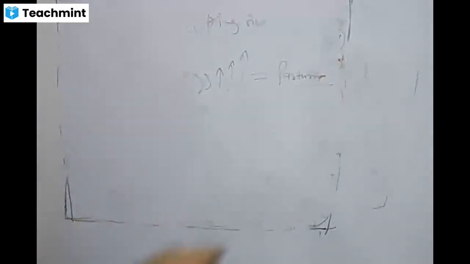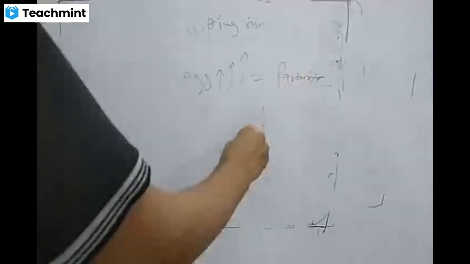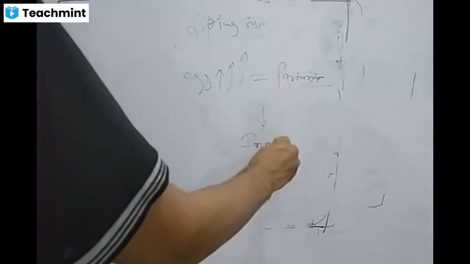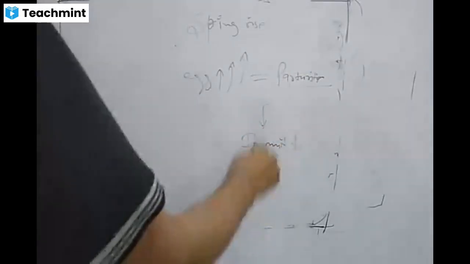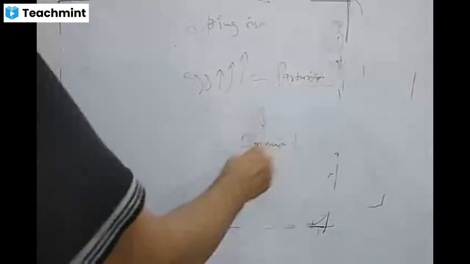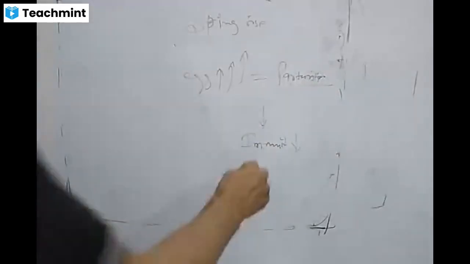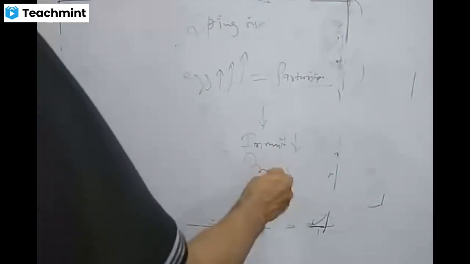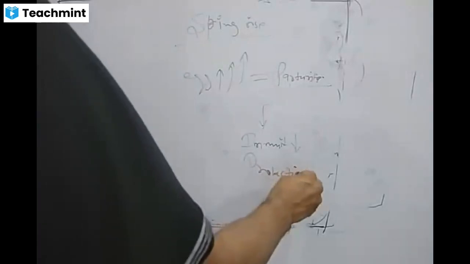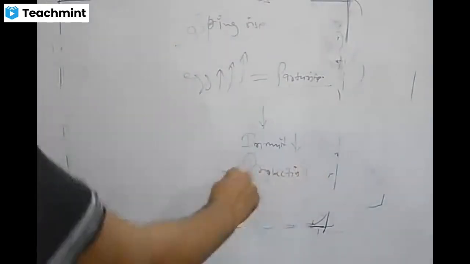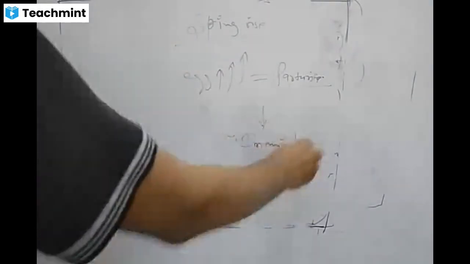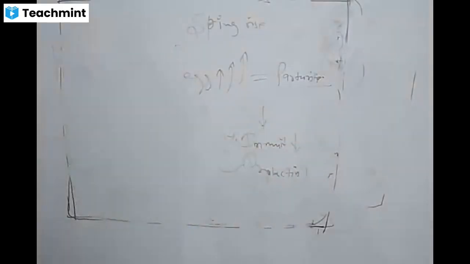So what happens around the time of parturition? At the time of parturition, immunity decreases. At the time of parturition, there is milk letdown, there is milk synthesis. So what comes out? Prolactin.